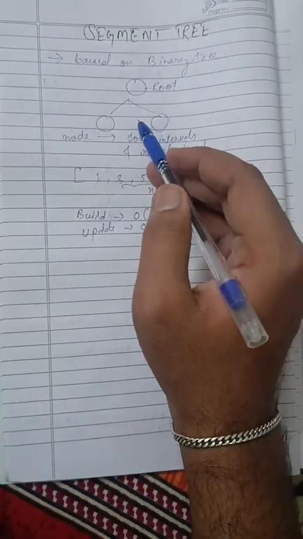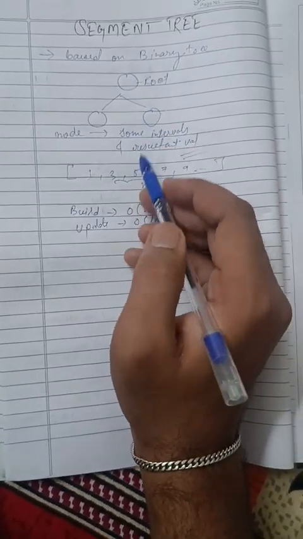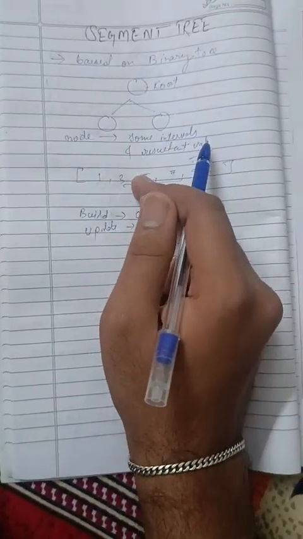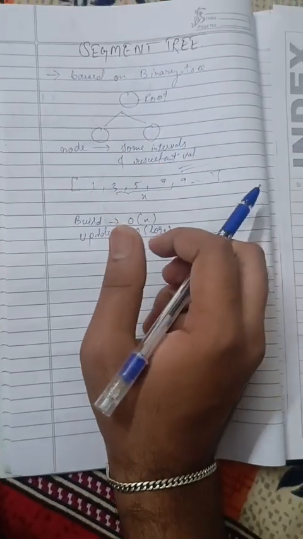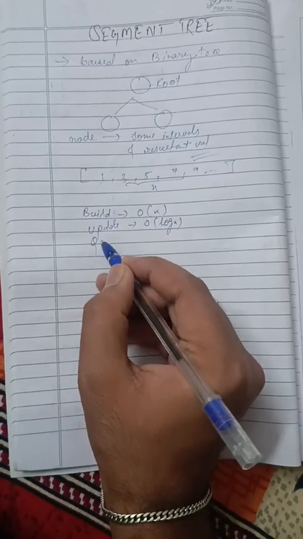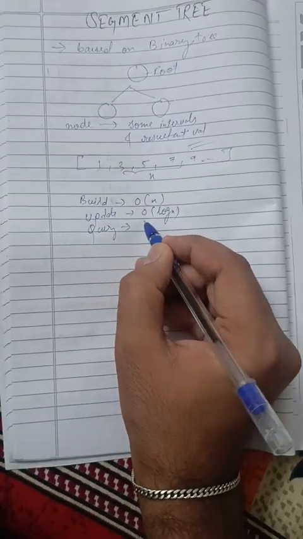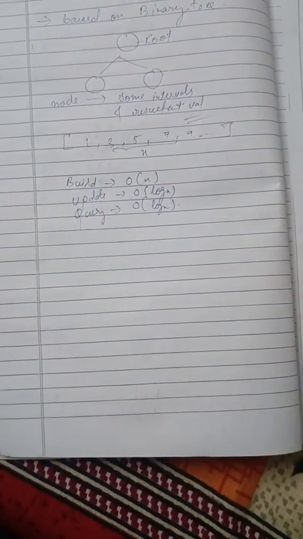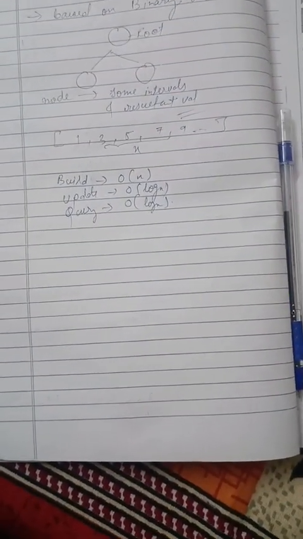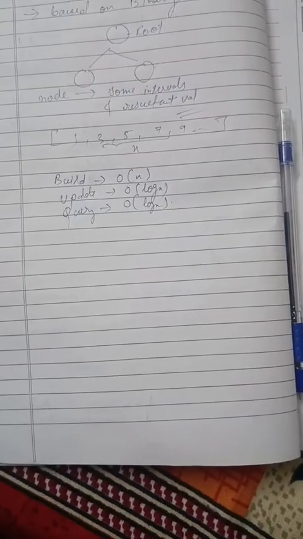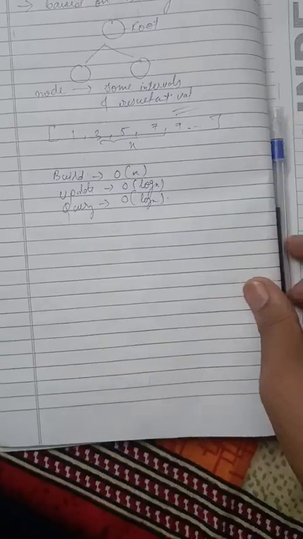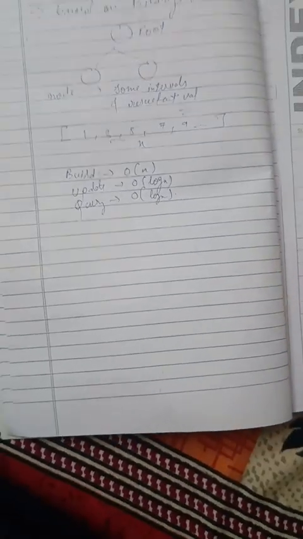Because for updating you will move along the height, in this vertical manner, so the height is log n, that's why it is O of log n. For query it is O of log n again. You can see it's a good approach, it has good time complexity. So let's talk about its implementation.